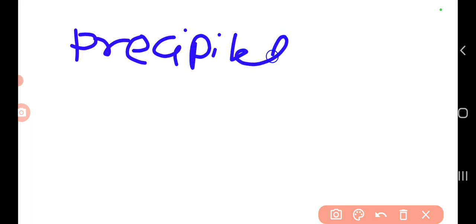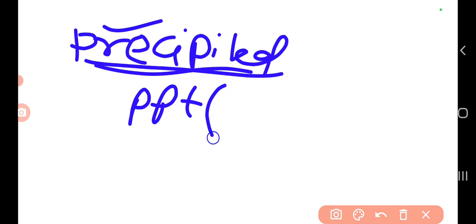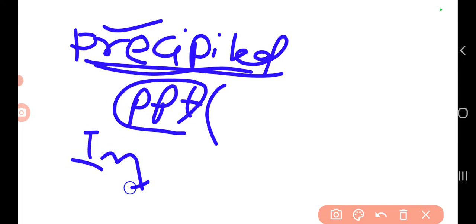Now we will discuss the precipitate reaction. What is a precipitate reaction? A reaction in which a PPT, precipitate, is formed, and the PPT is insoluble in water.